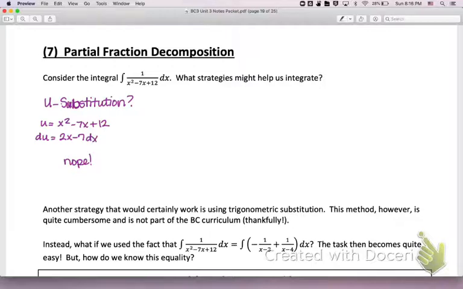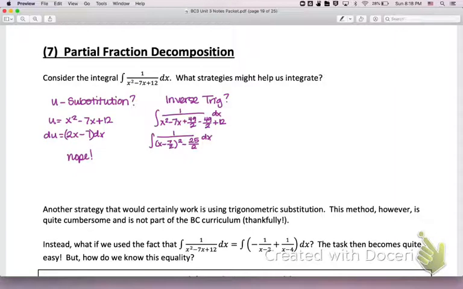So u substitution's not going to work. We could try to see if this fits an inverse trig relationship. If that's the case, we could complete the square in the denominator, but we end up with 1 over x squared minus u squared, which is none of our inverse trig properties. So yet again, that one is no.